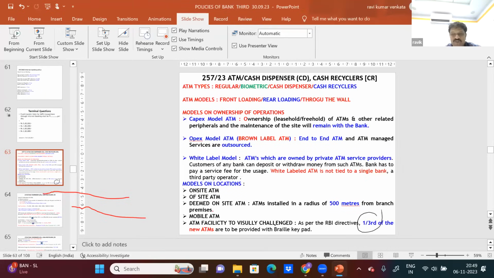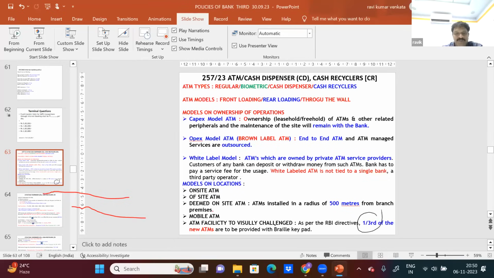So logic: 1/3 of ATMs should have Braille, that means an ATM card should be given to visually challenged people. If you remember this logic, you do not need to remember the answer. So why am I telling all this? Last time he asked a typical question: out of the following ATMs, which is the ATM which is not at all in the market?